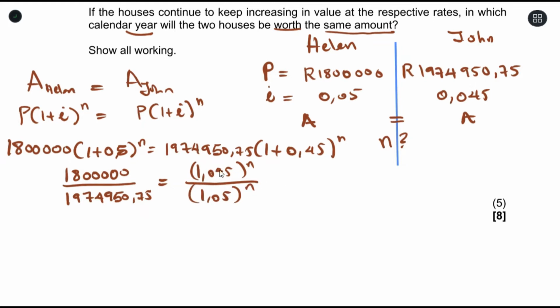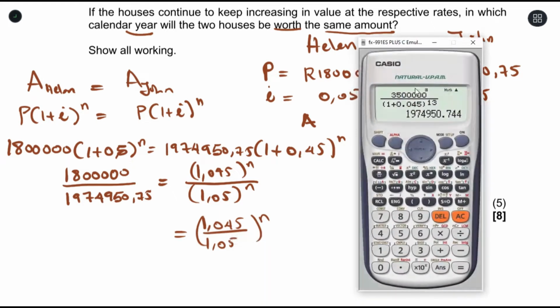On the right hand side, because the numerator and the denominator have the same n, it can be written as a single power. Let us divide this and simplify it as best we can.